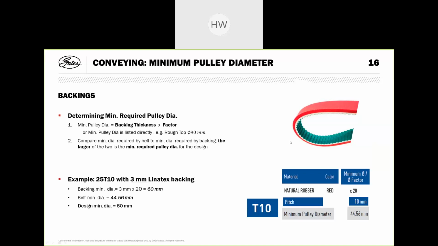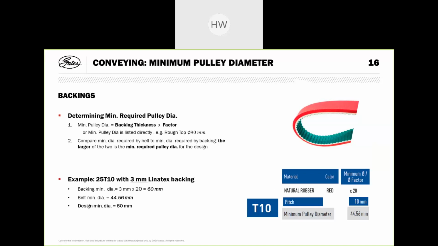And we have some indicators for the minimum pulley diameter in our catalog. So you can see in the backing part of the catalog that we have natural rubber backing material, and we have a minimum diameter factor of 20.